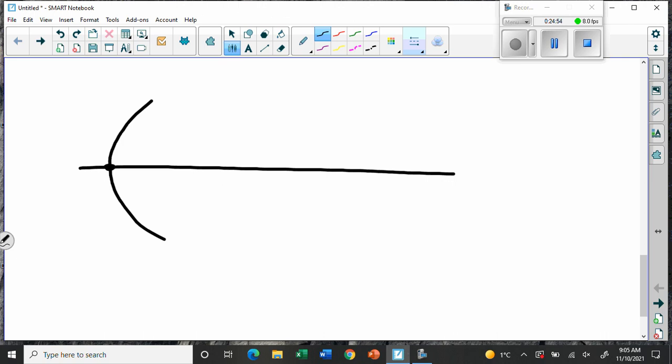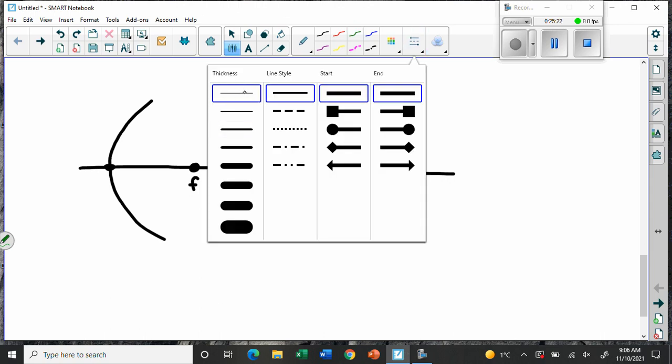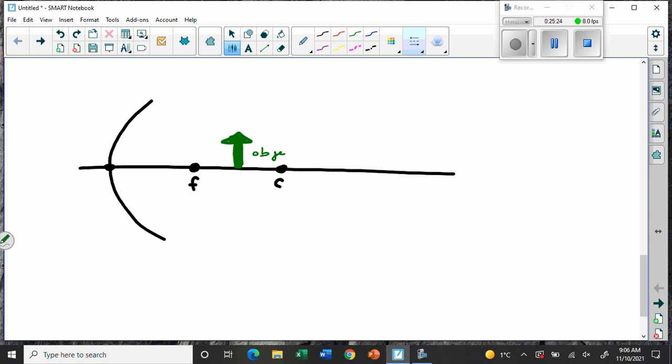And then we can put our F right here, and then I'll try to get that exact same distance here with C, and we'll put our object somewhere in between this time. Maybe I'll make that a little smaller, because I kind of know what's going to happen. So let's go a little smaller. There's our object, okay? And you can write object beside there if you want to, just to remind you that's the actual thing that we're looking at in the mirror.